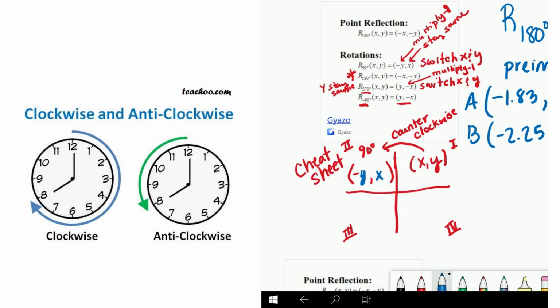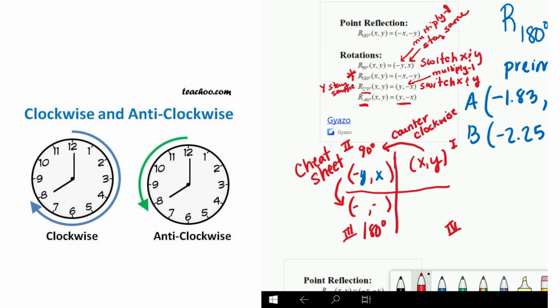All right, let's do another rotation, a 180-degree rotation. This is 90, another 90 is going to be 180, still going counterclockwise. This is the third quadrant. In the third quadrant, my x coordinates are negative, and so are my y coordinates.